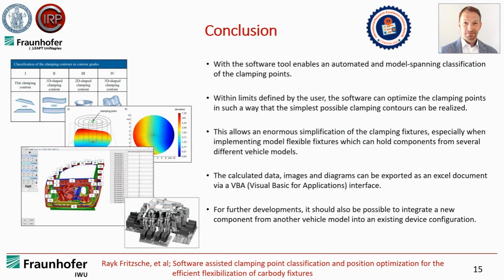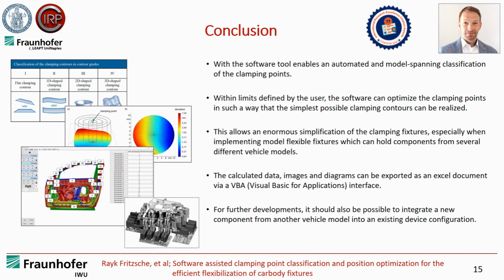So let me give a little conclusion at the end. The software tool enables an automated and model-spanning classification of the clamping points. Within limits defined by the user, the software can optimize the clamping points in such a way that the simplest possible clamping contour can be realized.